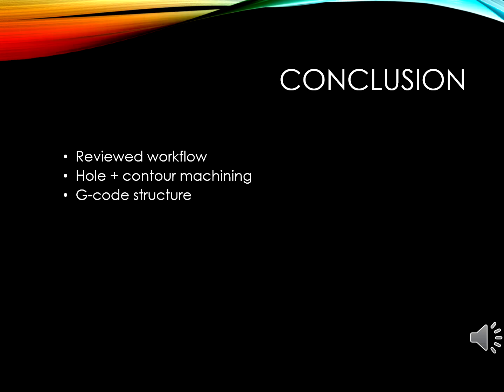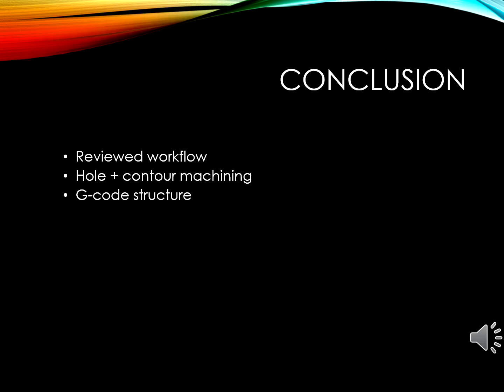Conclusion. To summarize, this project demonstrates the complete workflow of preparing and running a CNC milling operation using G-code. We learned how to set the 0 point, how to visualize tool paths, how to cut a hole using circular interpolation, and how to machine an outer rectangular contour in multiple passes.